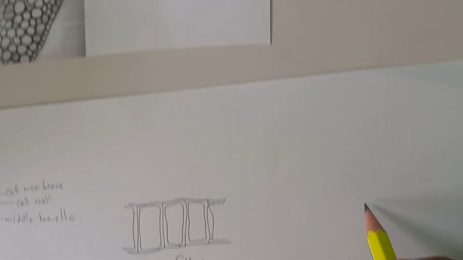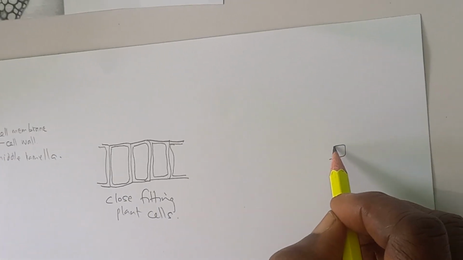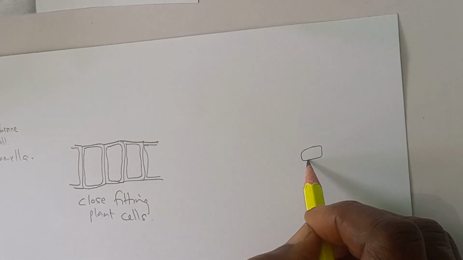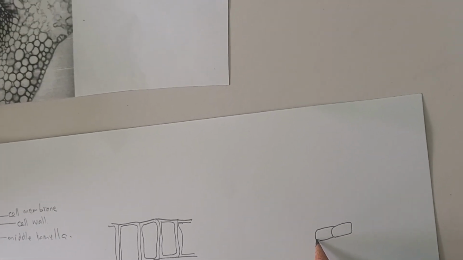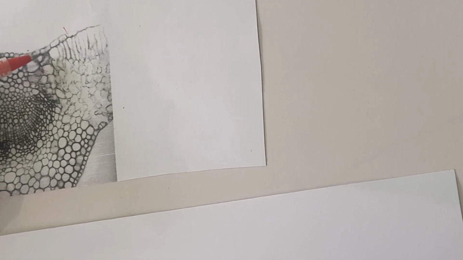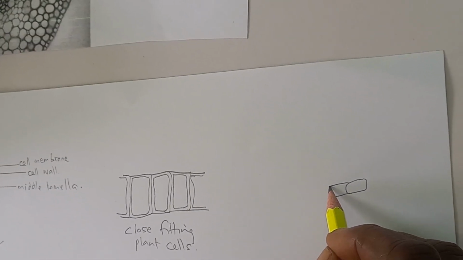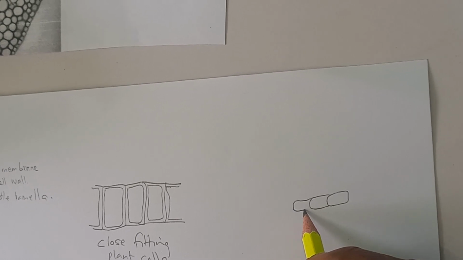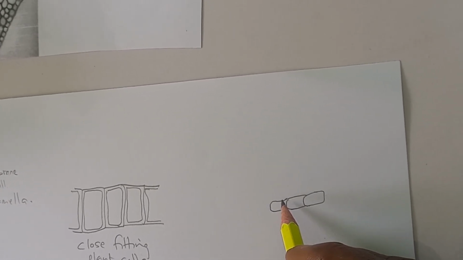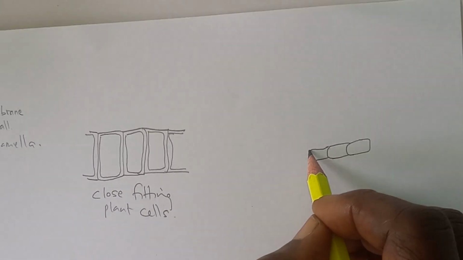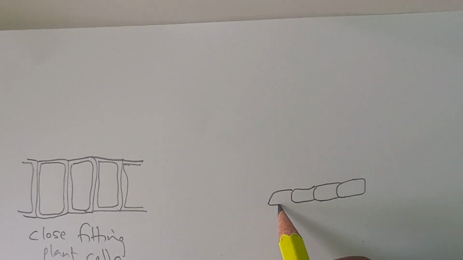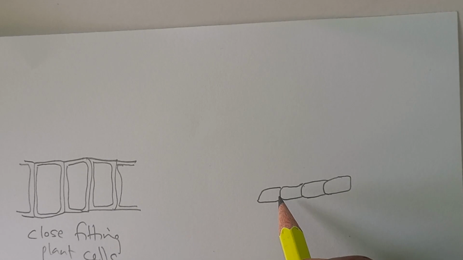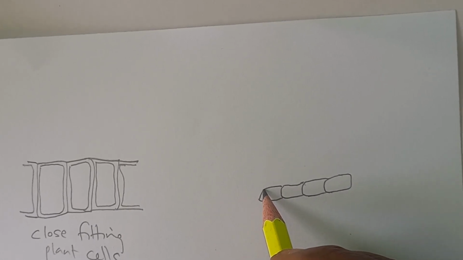So we put in the cell, and then that cell, and then this cell, outer walls first, always outer walls first.